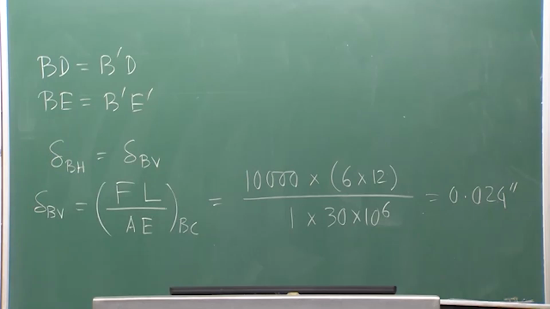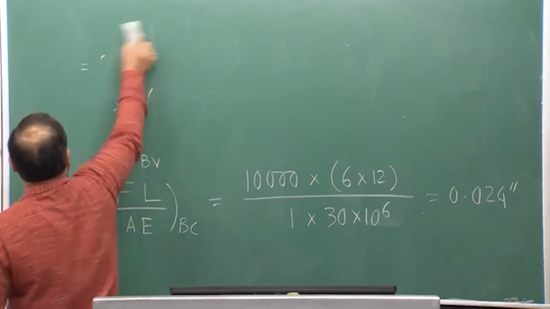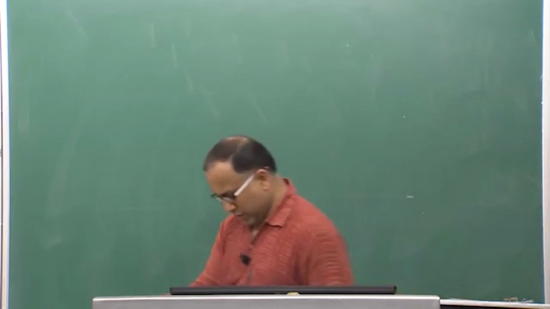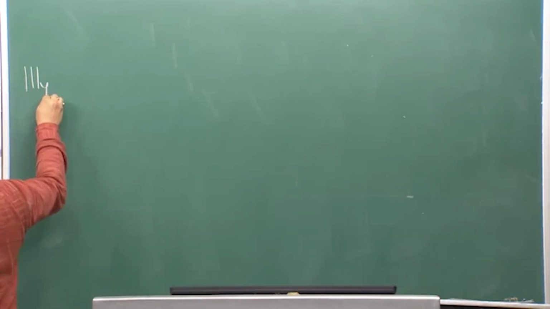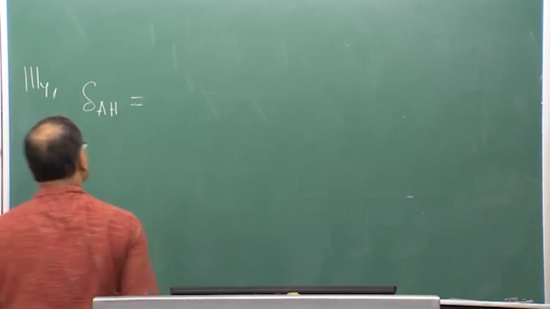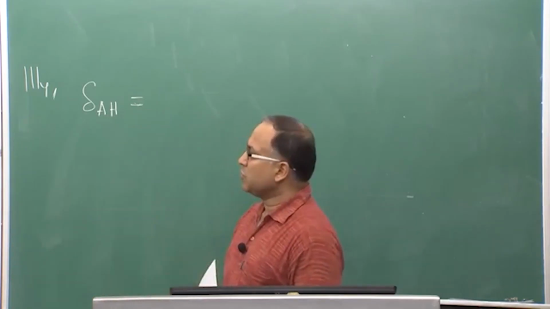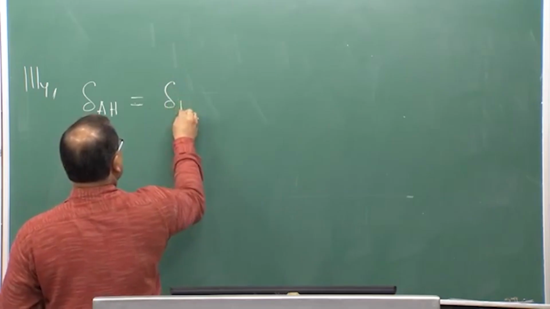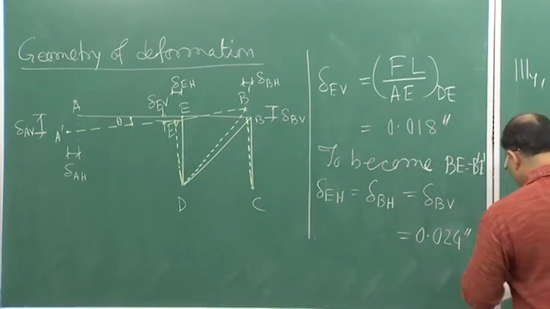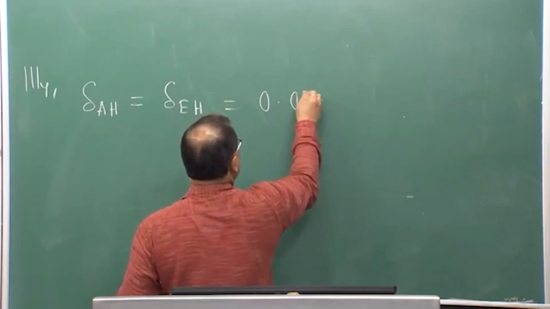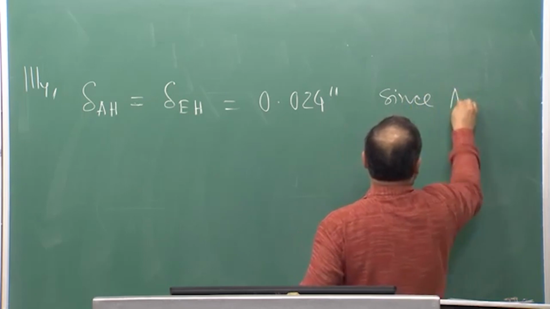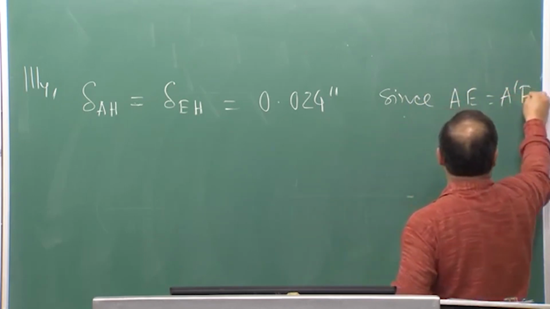Now, if we can write that, then of course we can similarly write that delta AH, the horizontal movement or horizontal displacement of point A, must be equal to delta EH, since AE is equal to A prime E prime.